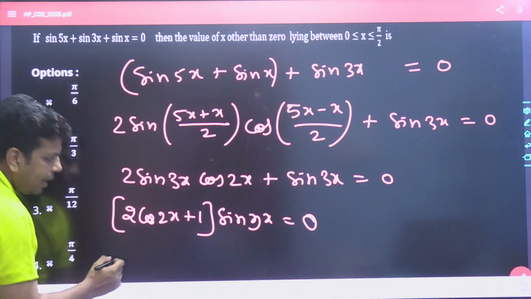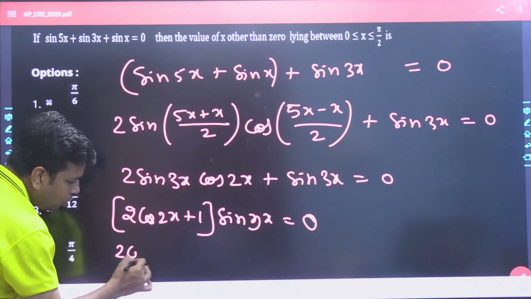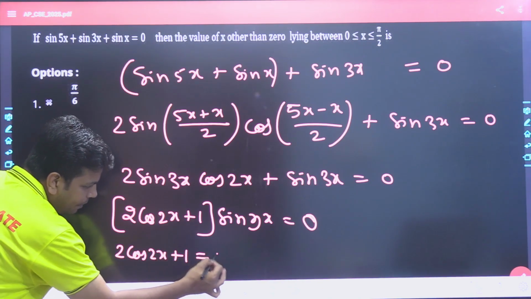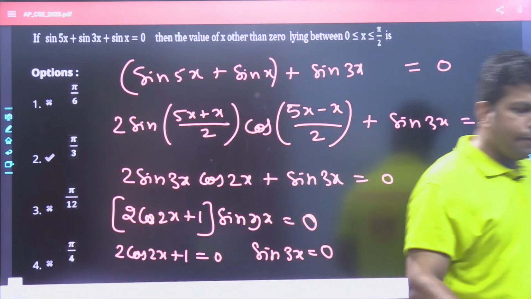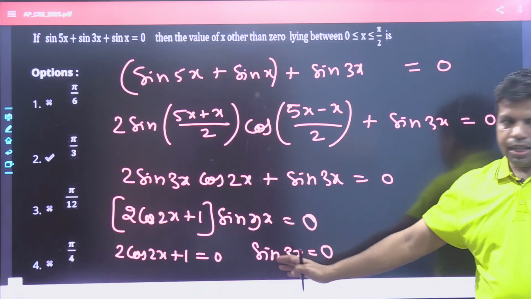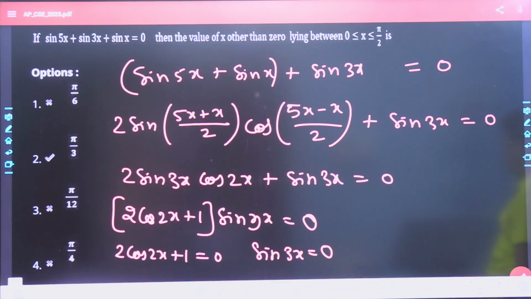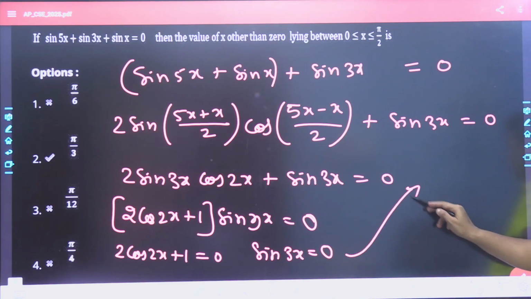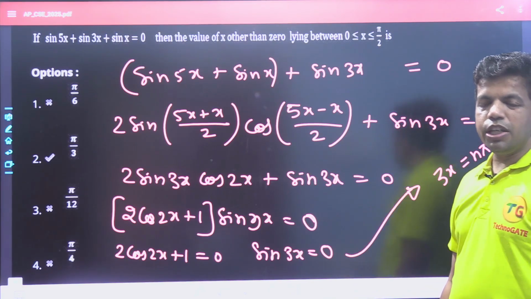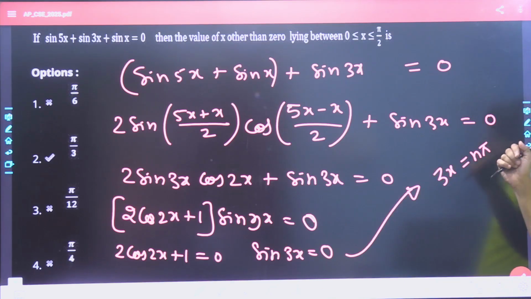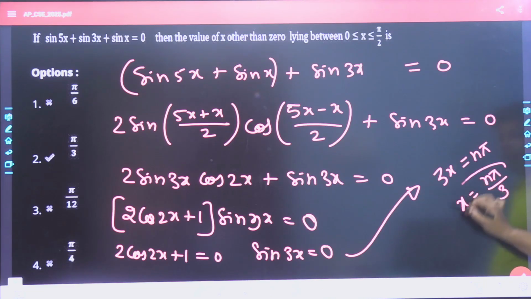By comparing, we can say that either the term 2 cos 2x plus 1 equals 0, or sin 3x equals 0. For this particular factor, 3x equals n pi, because sin n pi is always equal to 0. So 3x equals n pi, and the value of x is n pi by 3.